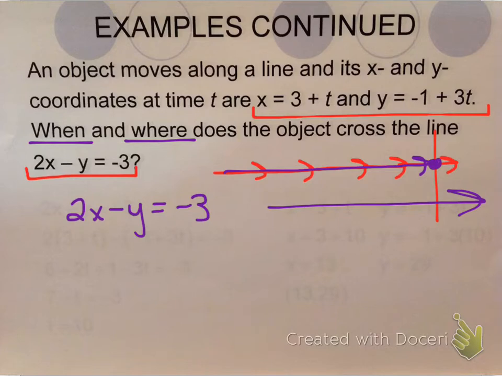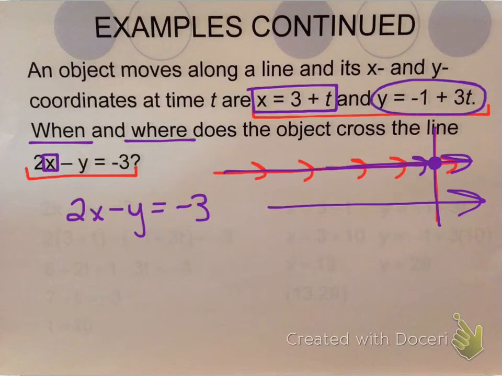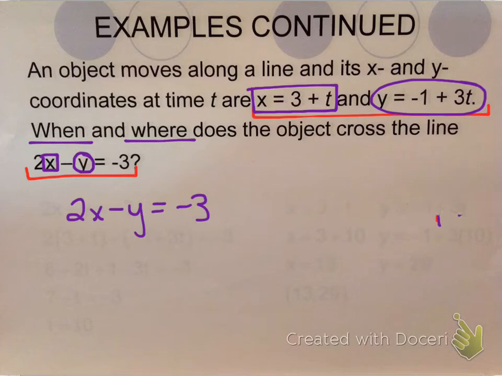Okay? Well, if this person is crossing this finish line, then we know that they're going to share an x and a y coordinate at some point in time. And so this person's x position right here will have to be equal to the x coordinate on the line that it's hitting. And this person's y position will have to be equal to the y coordinate at the point on the line where it's crossing. If those things have to be equal, because they have to be intersecting each other, then we can substitute.